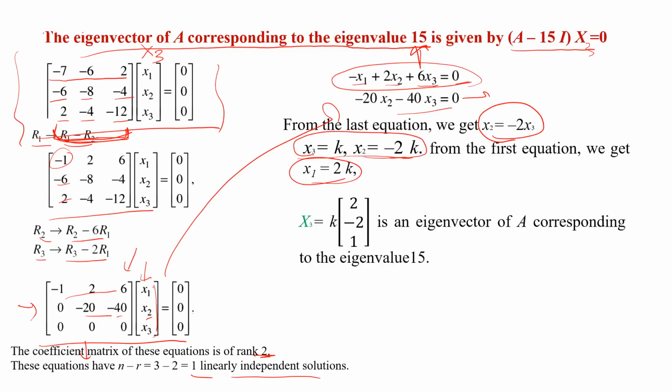So the eigenvector is minus 2k, 2k and k, and we take k as common. This is an eigenvector of A corresponding to the eigenvalue 15.